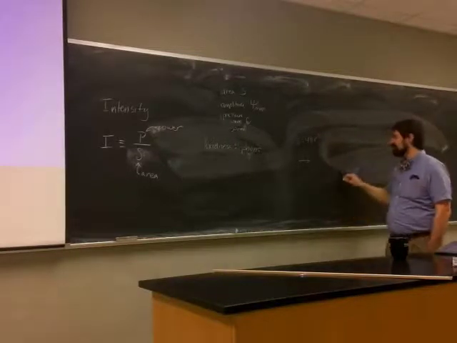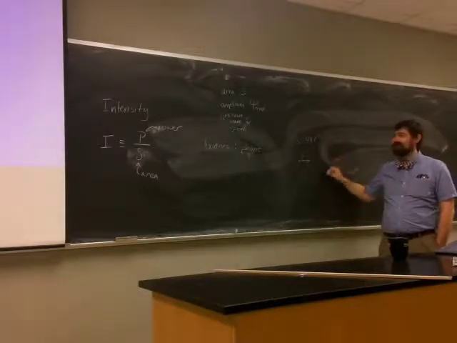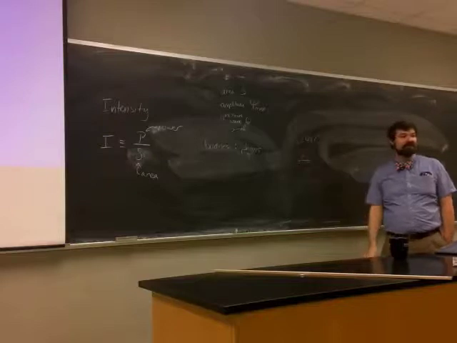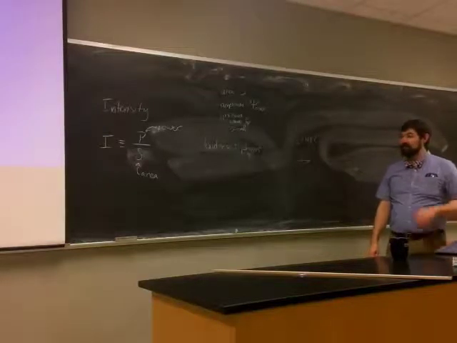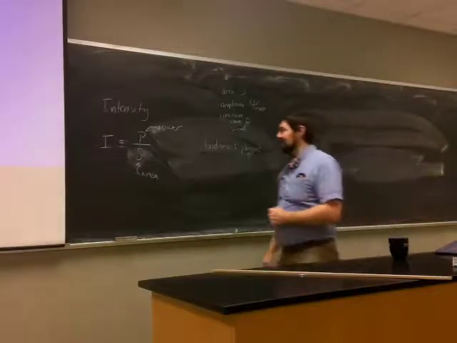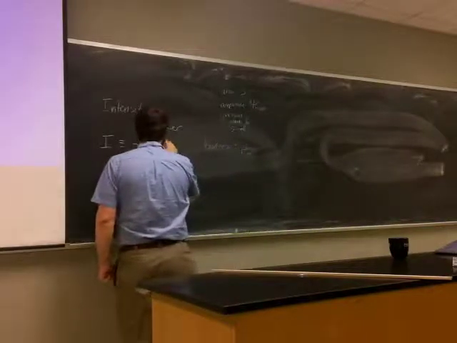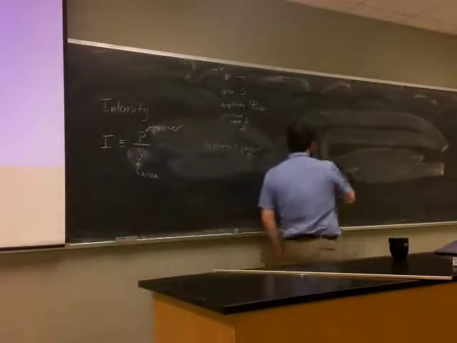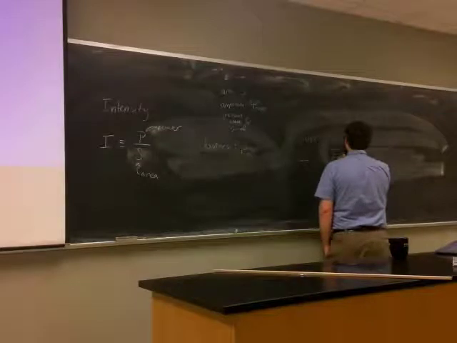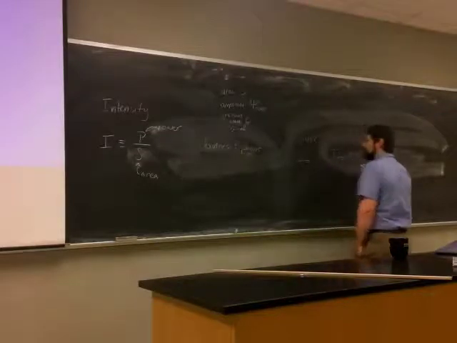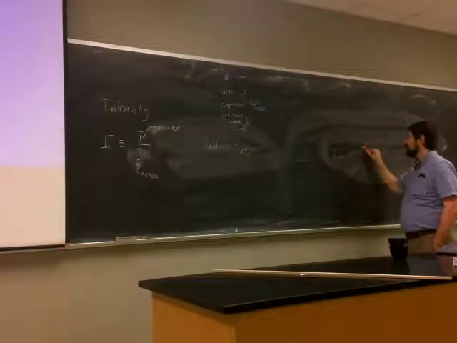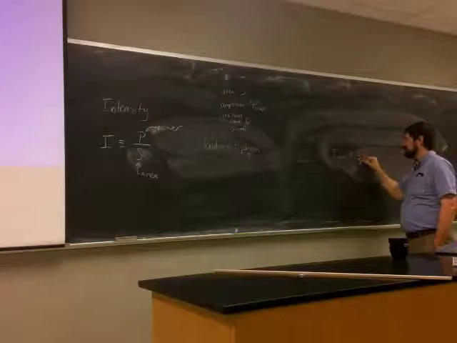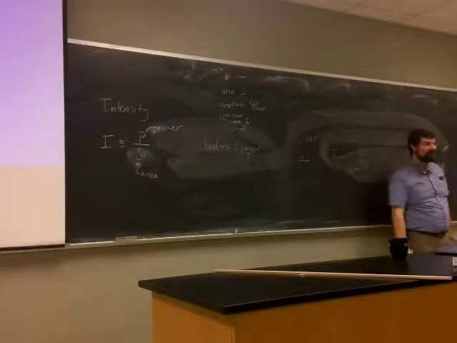If I'm out here, I'd have a different value for r and therefore a different value for the area. The implication of this is that for a point source, I should look like the power divided by 4 pi r squared.